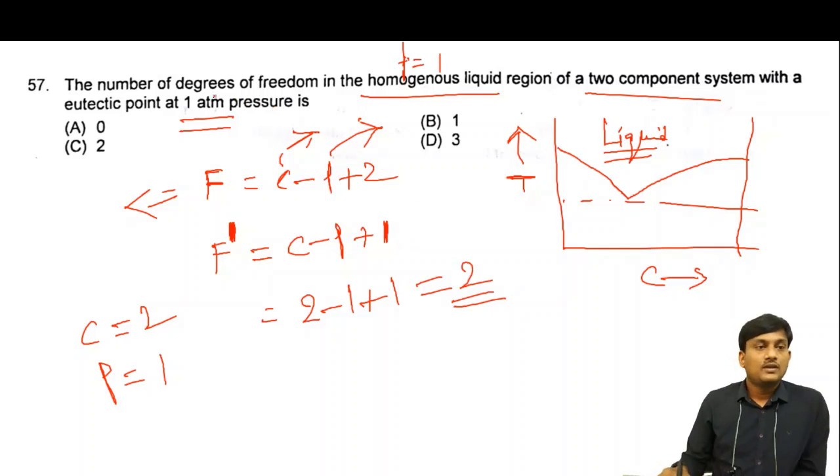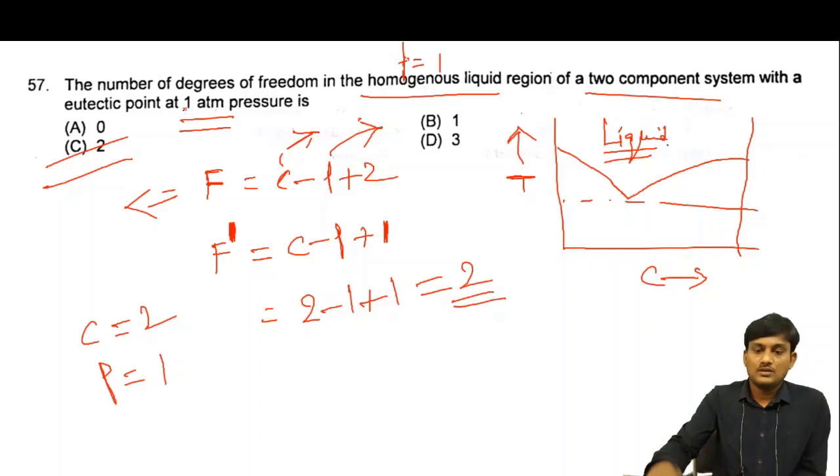So the number of degrees of freedom in the homogeneous liquid region of a two-component system with a eutectic point at 1 atmospheric pressure is 2. So option is C. C is the correct option.